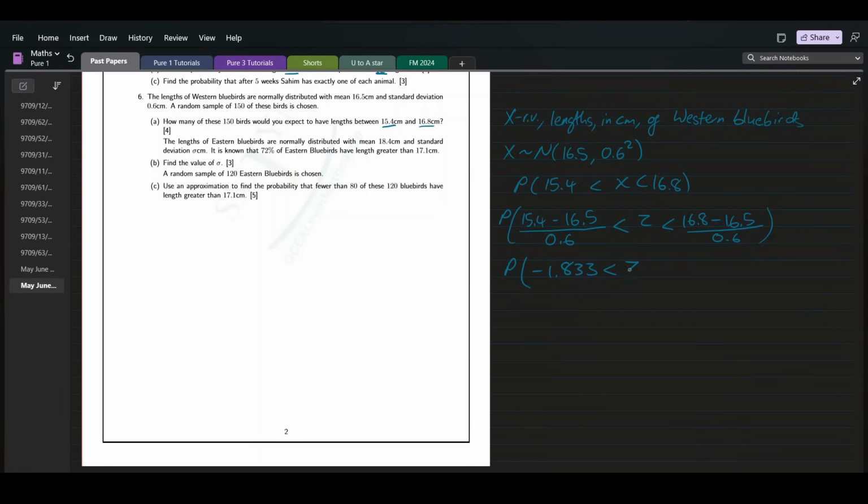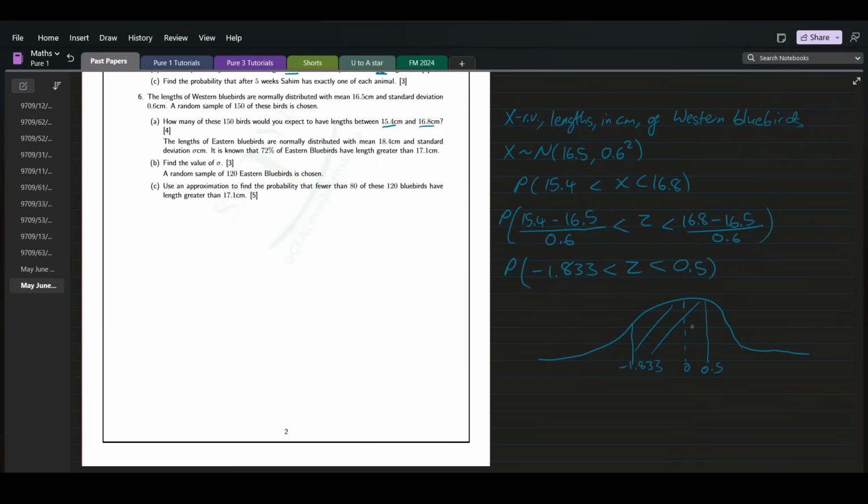1.833. This is less than z, which is less than 16.8 minus 16.5, and this gives us 0.5. So if we sketch a bell curve, what we are looking at is we have a 0 over here, and then 0.5 would be somewhere here, 0.5, and then negative 1.833.